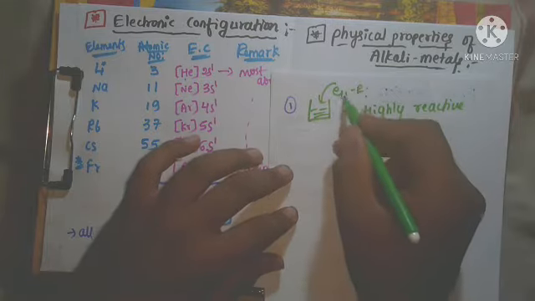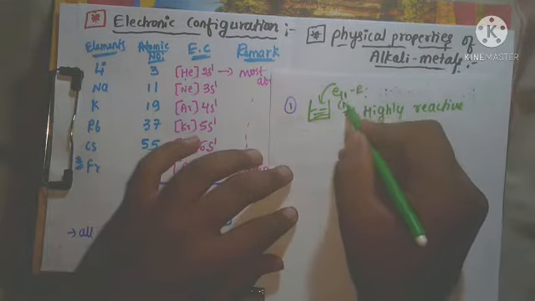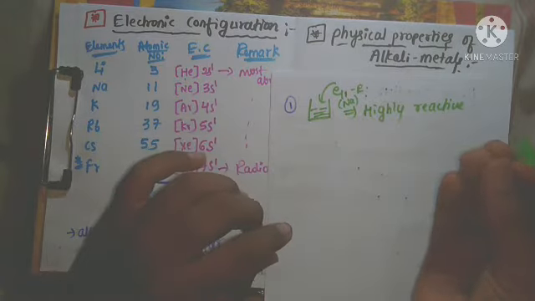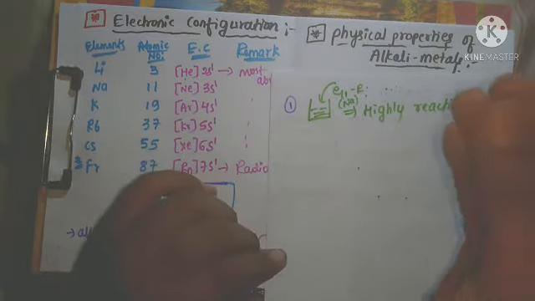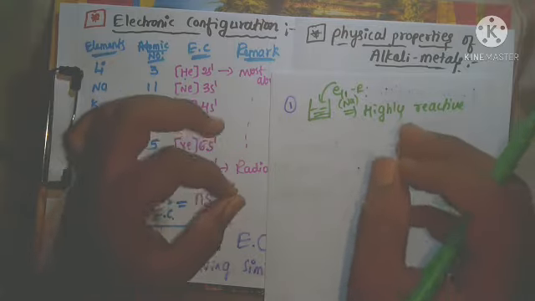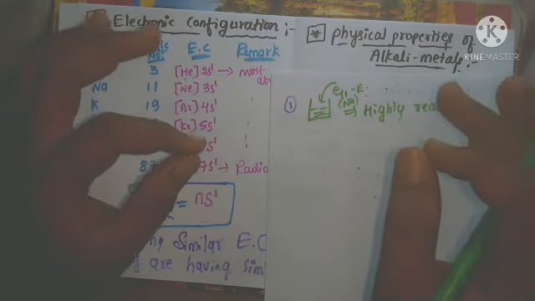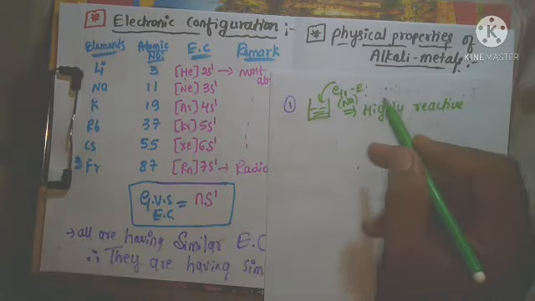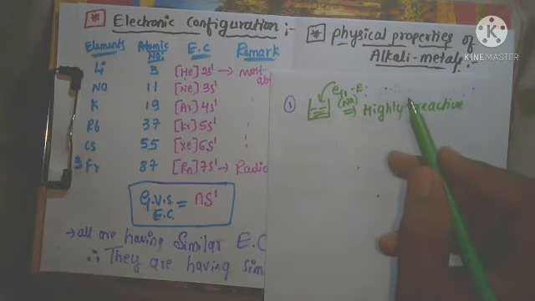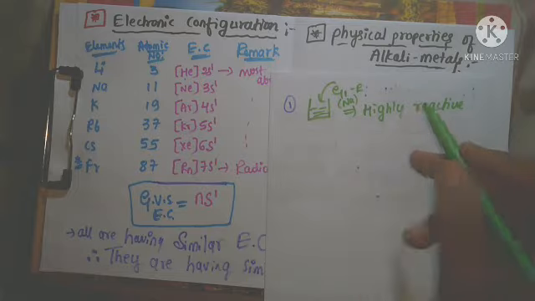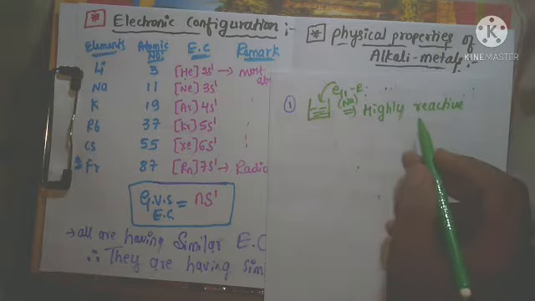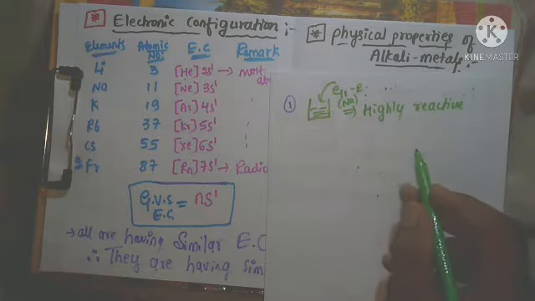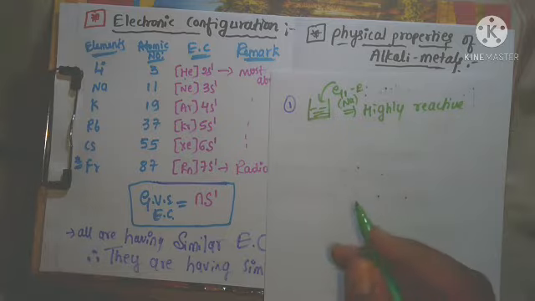For example, when sodium is added into the water, it catches fire very immediately, because sodium is highly reactive. The group 1 elements or alkali metals are most reactive.